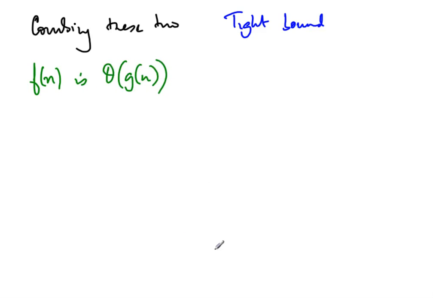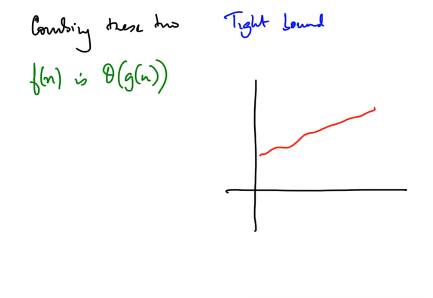So here the picture is that if I now draw my f of n, then, again beyond a suitable n0, I can sandwich it by finding two values. So I can have c1 times g of n, and this will always lie above the red line, and I'll have a different function c2 times g of n.